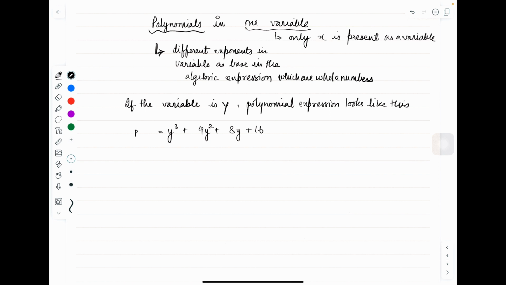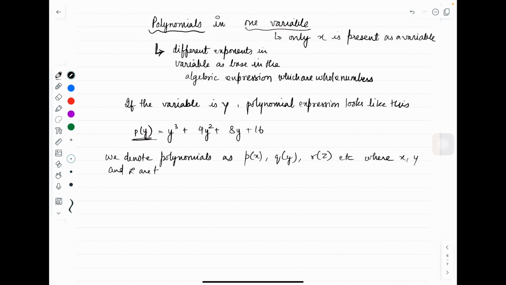This you can write as p of y. Here we denote the polynomial as p(y). We denote polynomials as p(x), q(y), r(z), etc., where x, y and z are the variables.